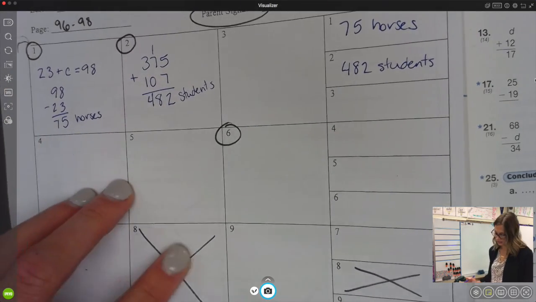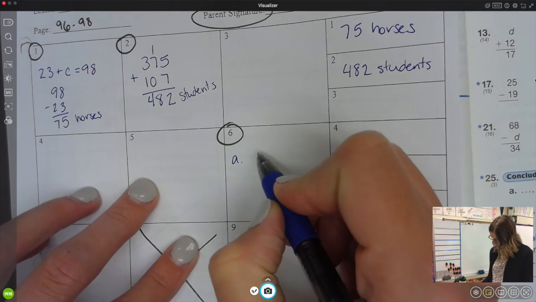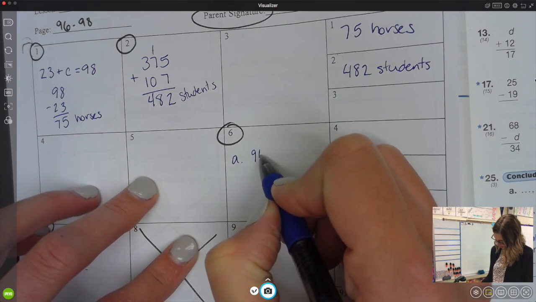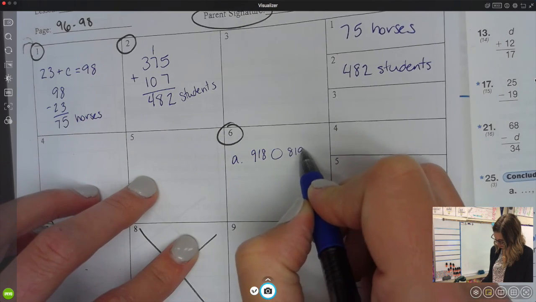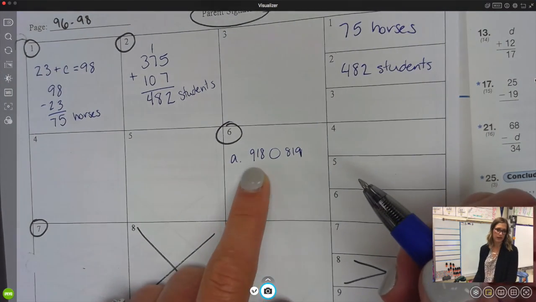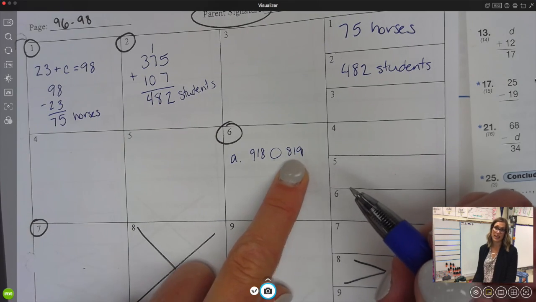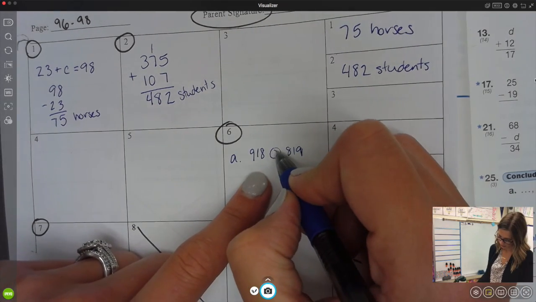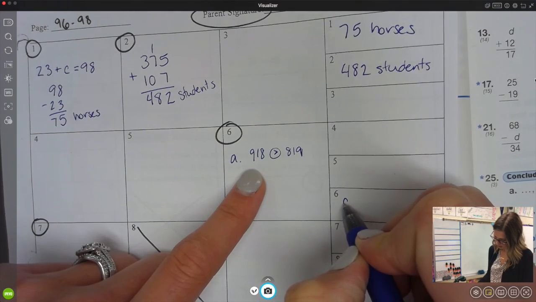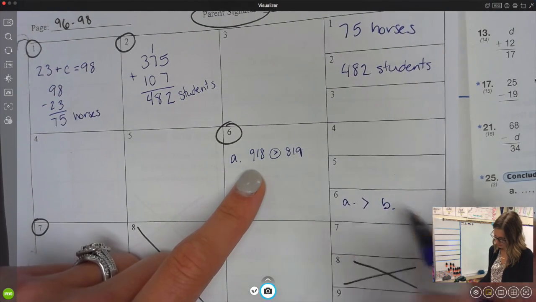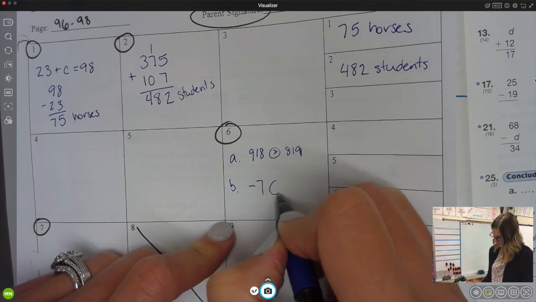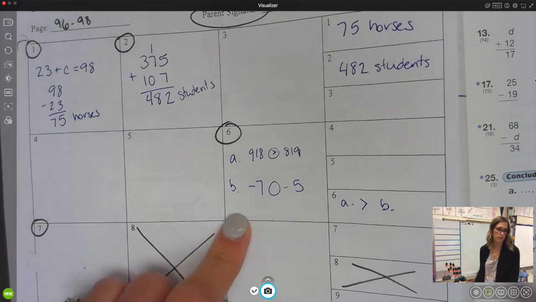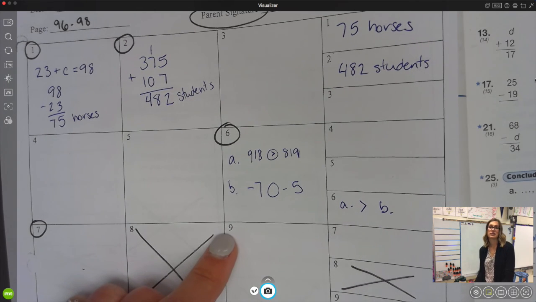Number 6 says compare. We need to compare 918 to 819. Which one's bigger, 900 or 800? 900. So this whole number is bigger. So A, greater than. B says -7 or -5. If it was freezing cold outside, which would be warmer, which would be greater?